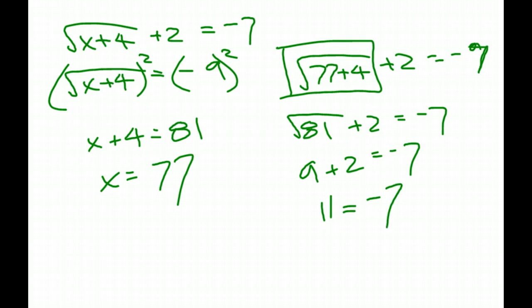It doesn't check. Is the square root of 81 ever negative 9? No. You can never get a negative when you take the square root of a number. So it can't be negative.